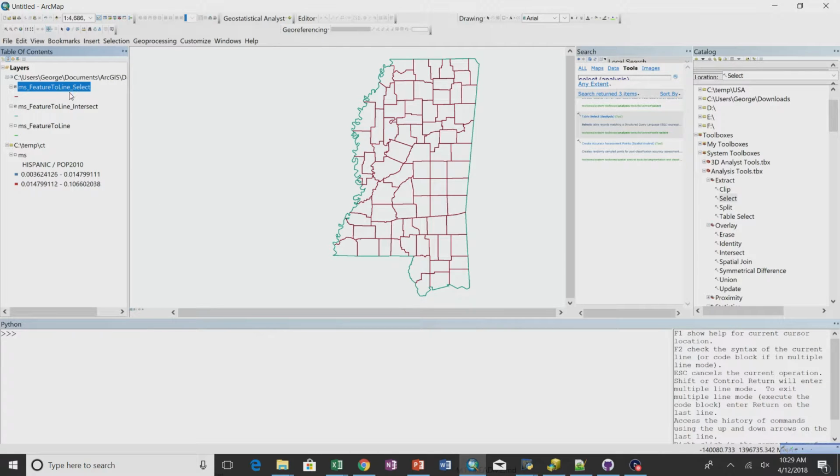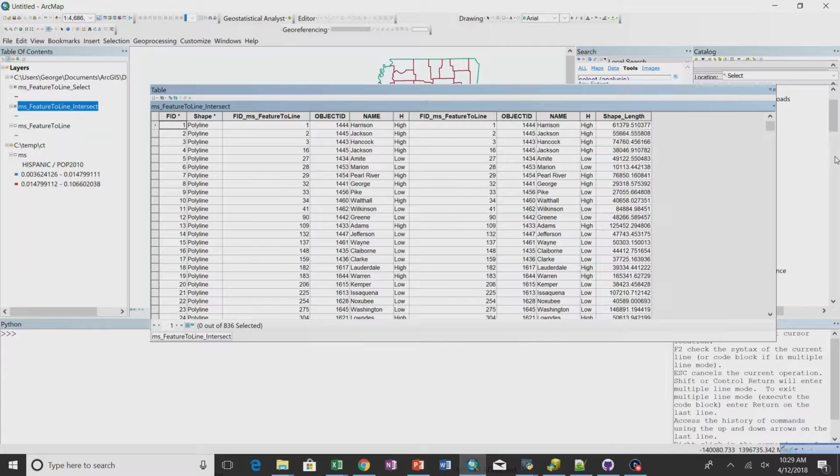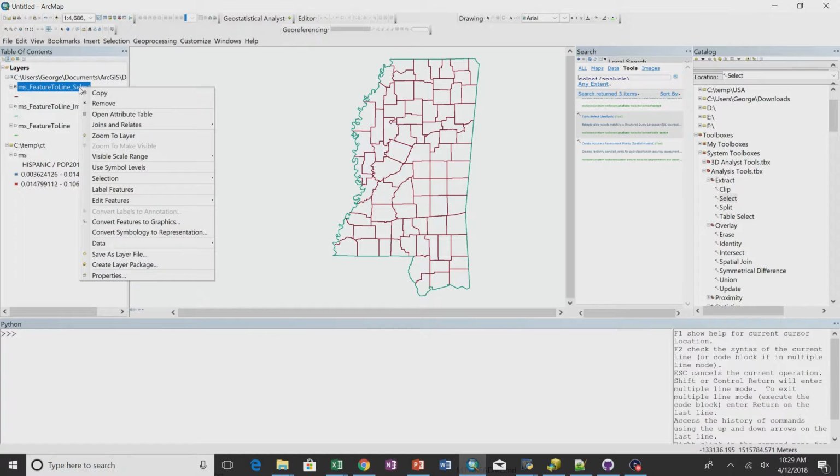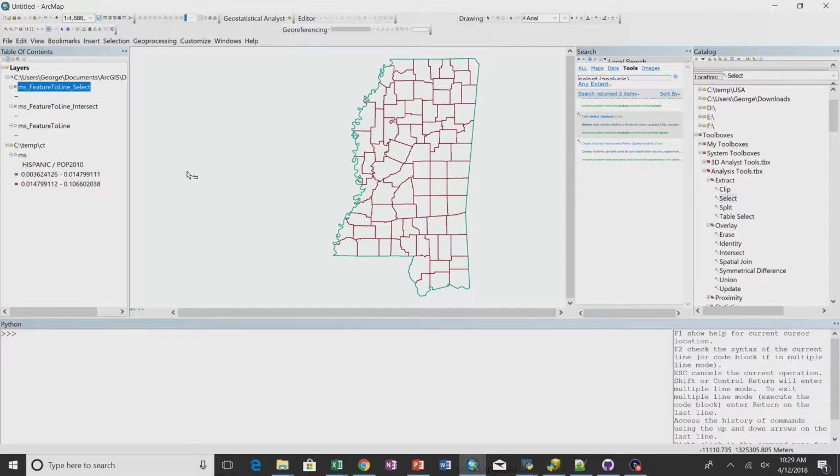And once that's run, now if I compare the two attribute tables, this one has 836, and this should have about double the amount fewer as there are counties, but even a little bit less, because now we're also getting rid of all of the things that aren't even links at all, the exterior boundaries.